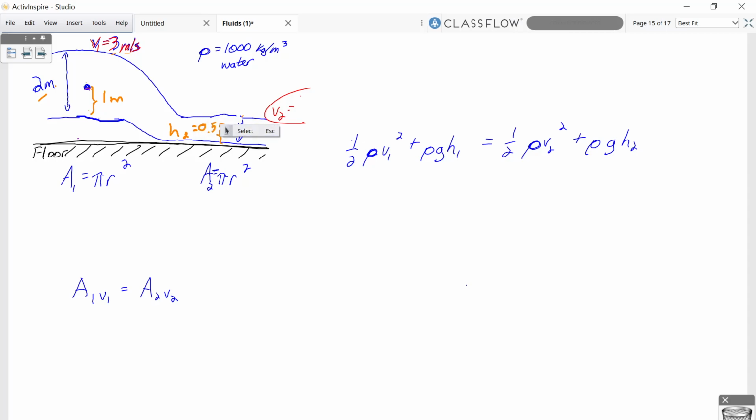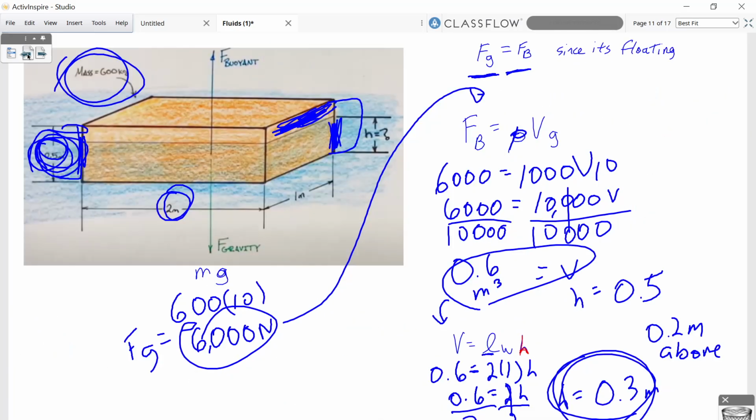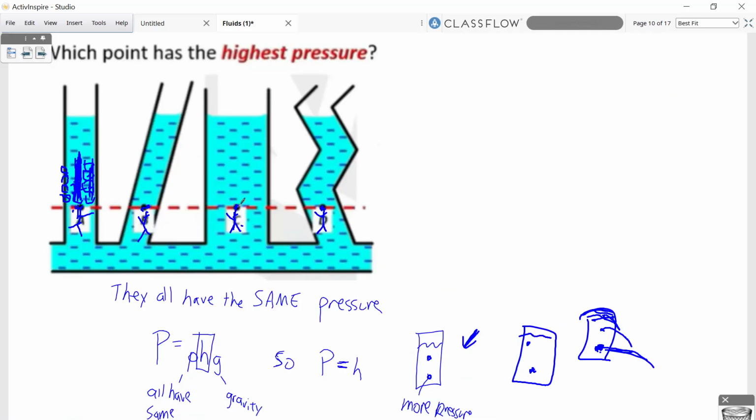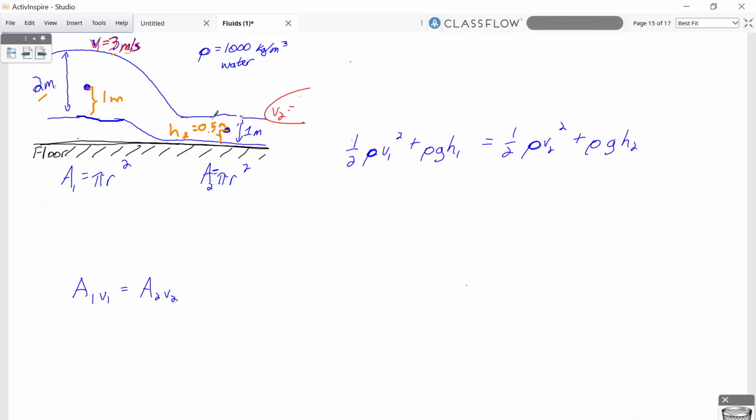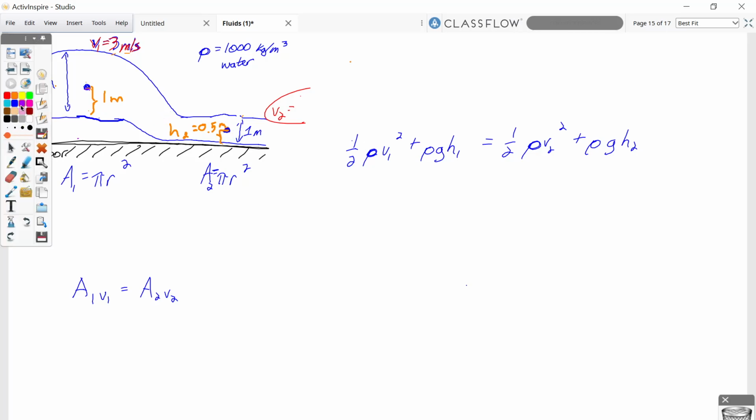Okay. Now notice I wrote H2. That's the height. We want to figure out the pressure. And so if you remember over here, of the little guys with the boxes going down, the pressure is related to height. Okay. So that's where I'm getting the height from there to there. Let's get the height from here to here, okay? And let's call that H1, height 1.